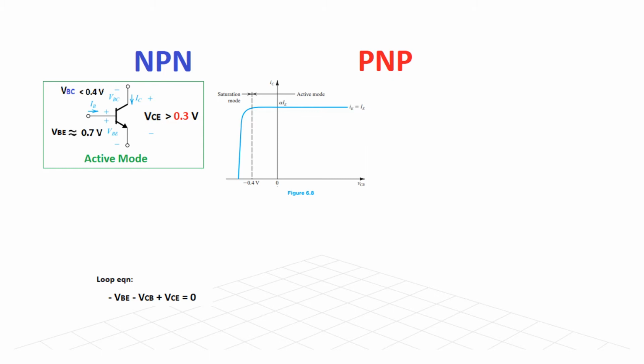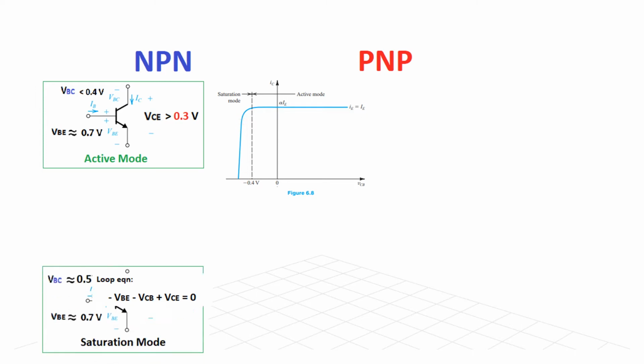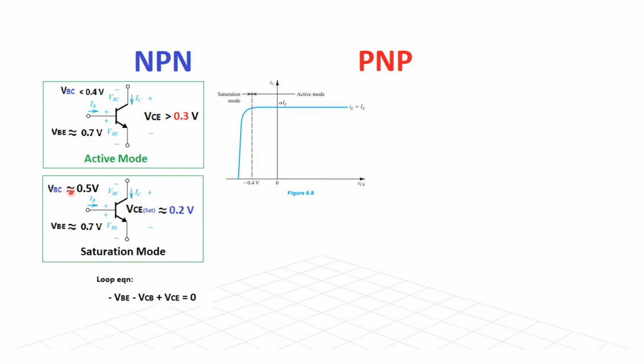And when we move here on the left hand side, that means at 0.5, then we are actually in the saturation mode. So when VBC is approximately 0.5, then we are in saturation mode, and in saturation mode VCE will be 0.2 from this formula. So these two points are important to distinguish whether we are in saturation mode or in active mode.